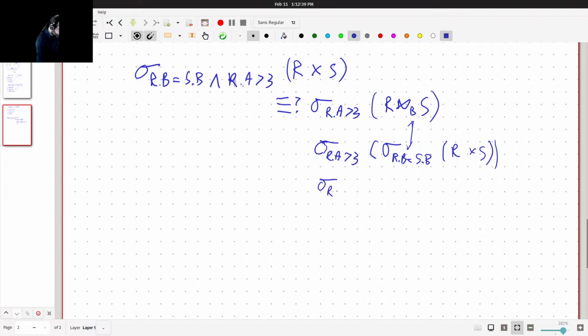So R.A greater than 3 and R.B is equal to S.B of R cross S. And then that's the same as R.B equals S.B.